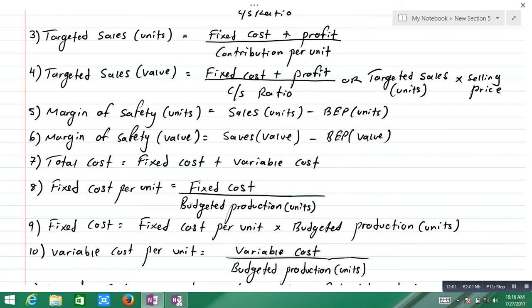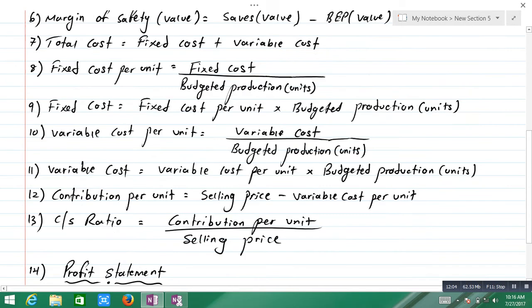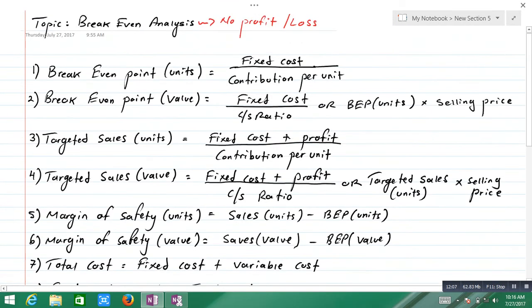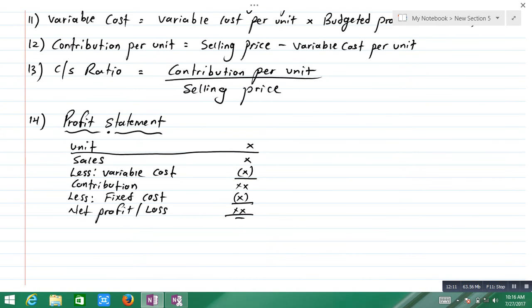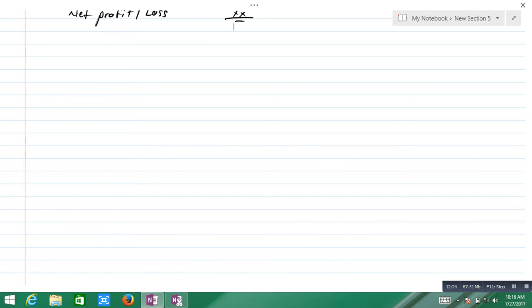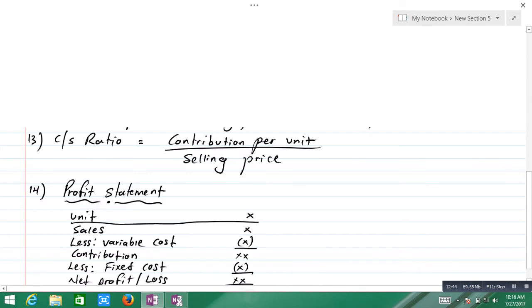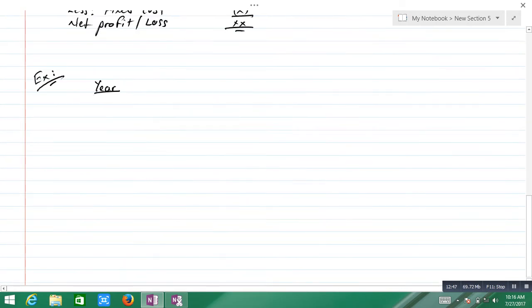Okay, let's move on to an example. In the example here, we have 2015. I'll give you units: 5,000.